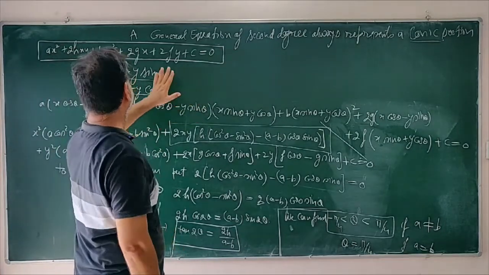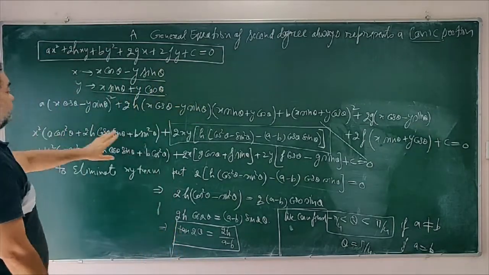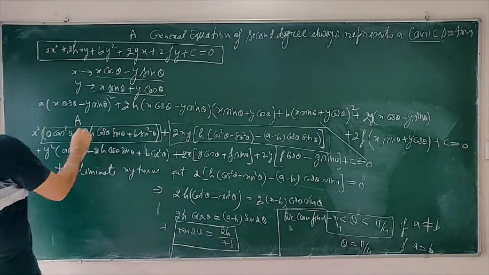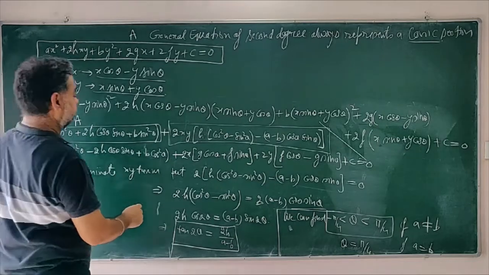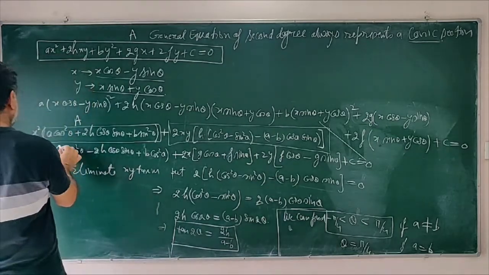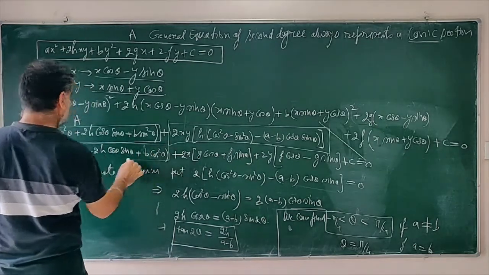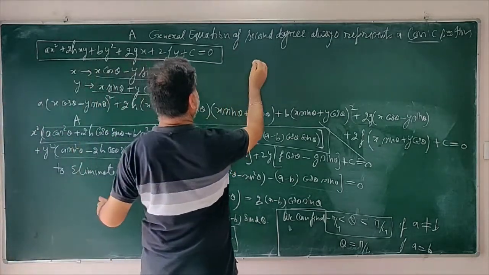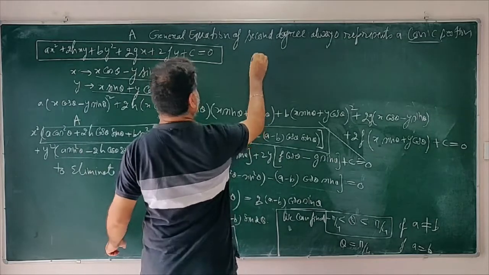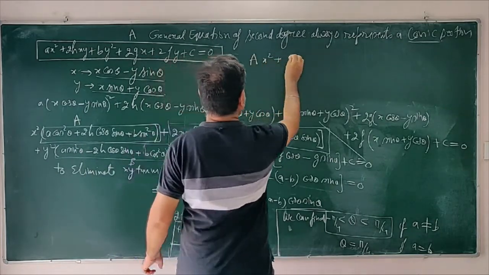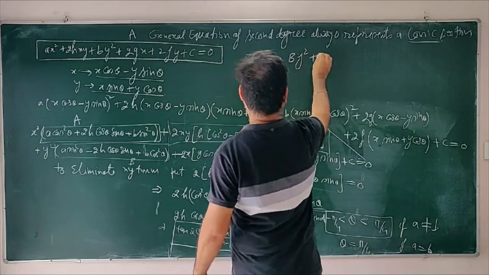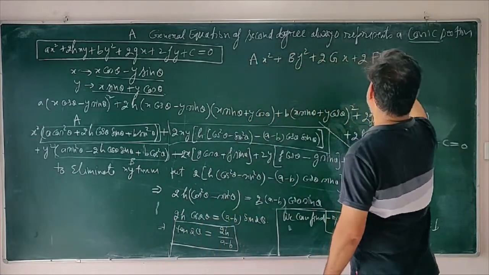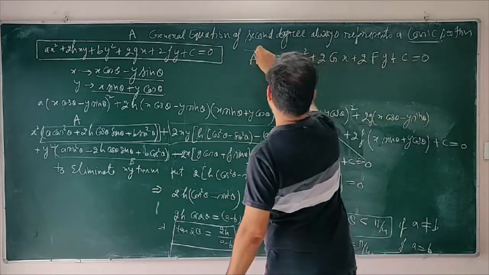So the xy term gets eliminated. When the xy term is eliminated, we write this as capital A and this as capital B. So this equation becomes of this type: Ax square plus By square plus 2gx plus 2fy plus c equal to 0.